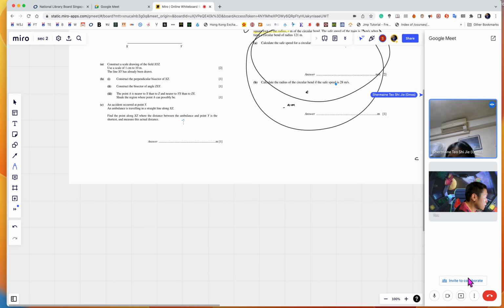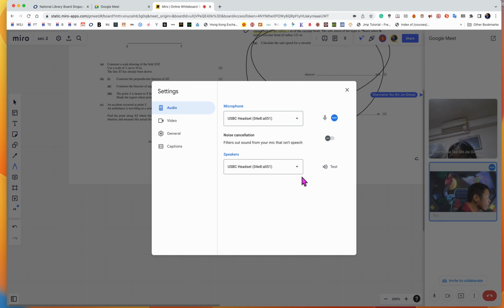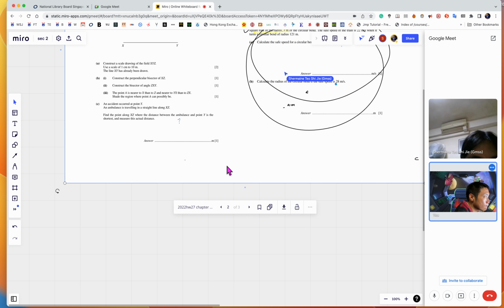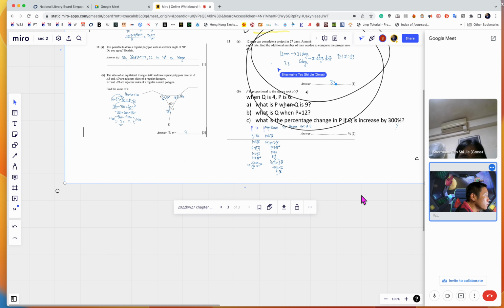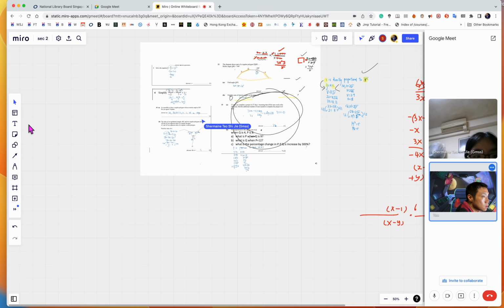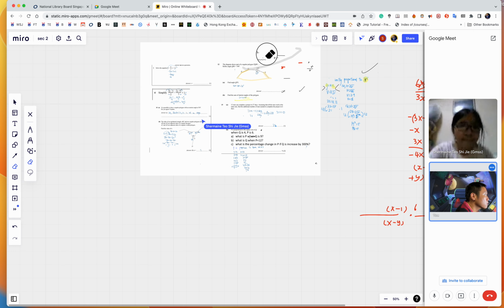Okay, let's go to part 3 first. Okay, page 3. Maybe it takes a while for it to load on your side. Just wait for it first. In the meantime, just erase everything first.